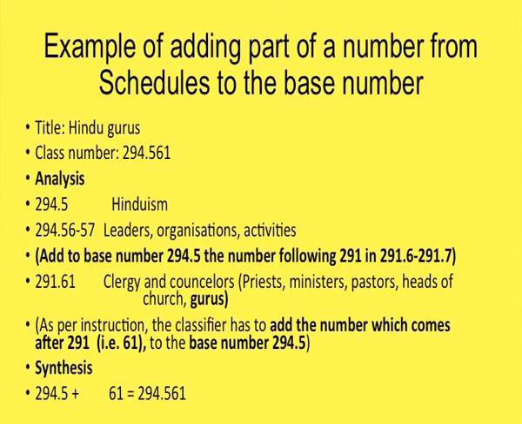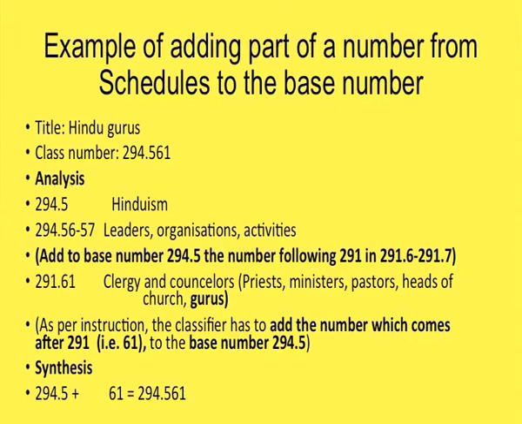Under this entry we get an instruction: add to base number 294.5, which is the base number for Hinduism, the number following 291 in 291.6-291.7. So, from this sequence 291.6-291.7, we have to add the number for gurus, but we have to drop the 291 as per instruction.